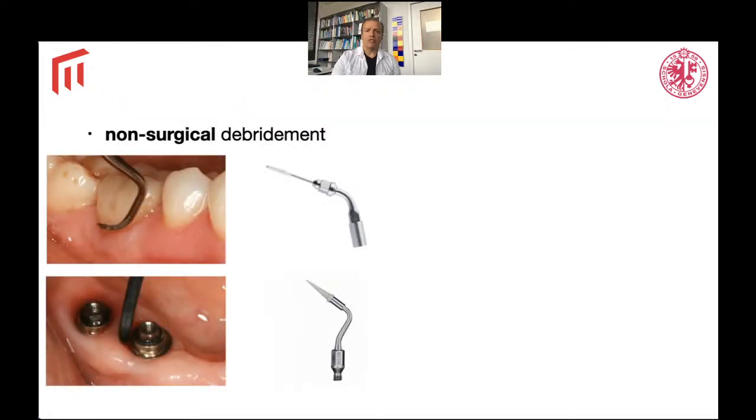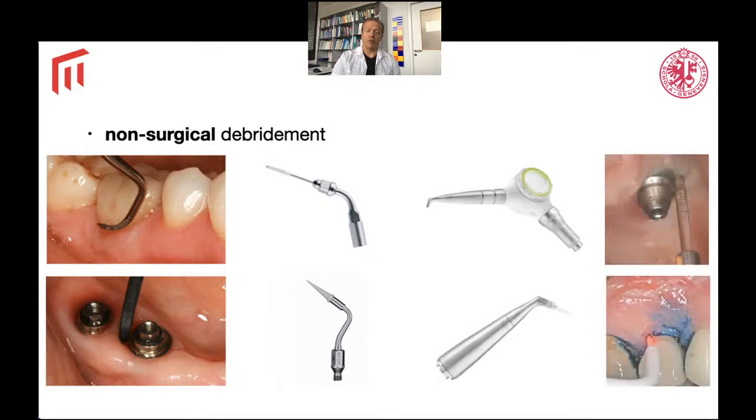So now, non-surgical debridement, there are different instruments available out there. We have curettes, plastic or metallic curettes. The plastic curettes were the first that came up to the market. They are very difficult to use. They tend to break, and then you have small tips of the curette in the pocket, and it's impossible to find.